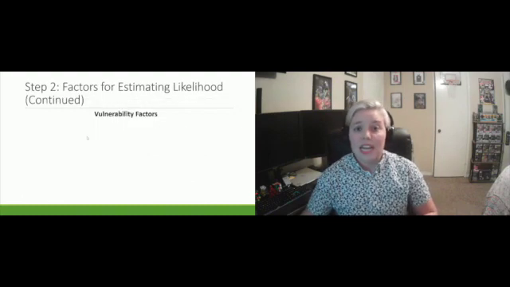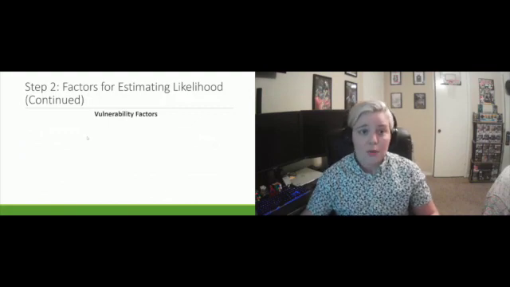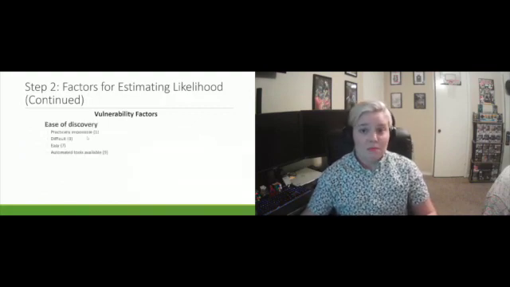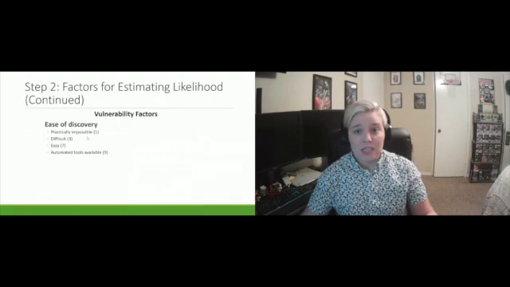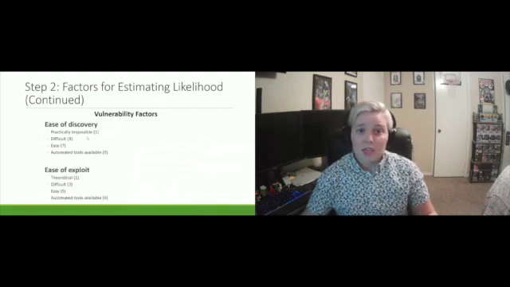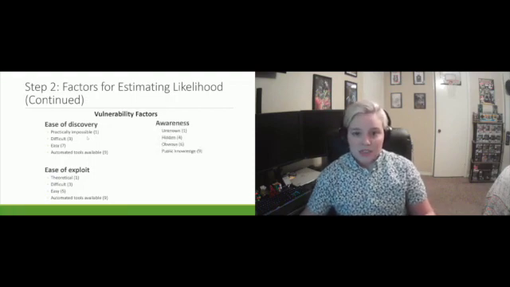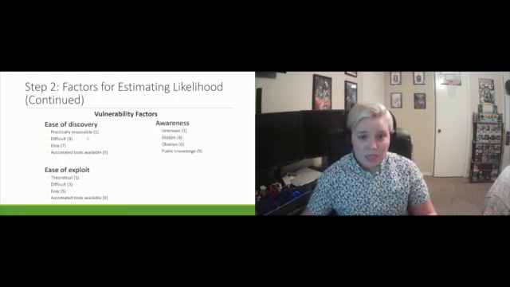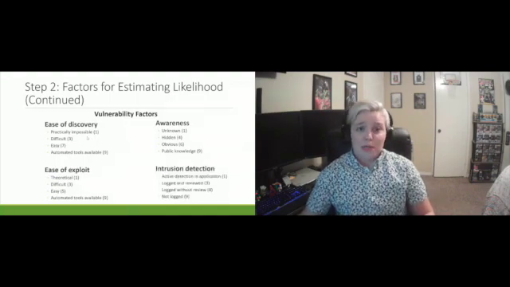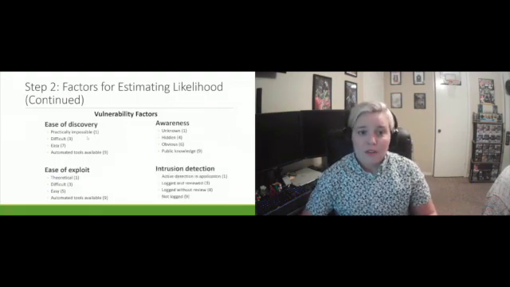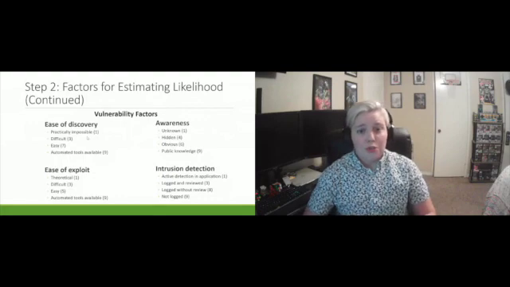Again, we move on to our vulnerability factors. We have another 4 factors here. We're going to be talking about the ease of discovery. How easy is it for a group of threat agents to discover the vulnerability? Your ease of exploit. How easy is it for a group of threat agents to exploit the vulnerability? You'll be talking about your awareness. How well known is the vulnerability? And you'll need to determine a value for intrusion detection.